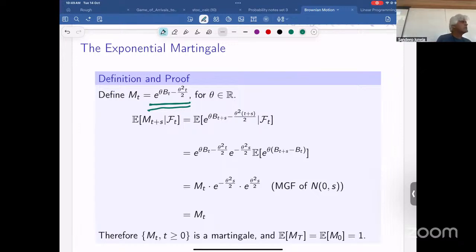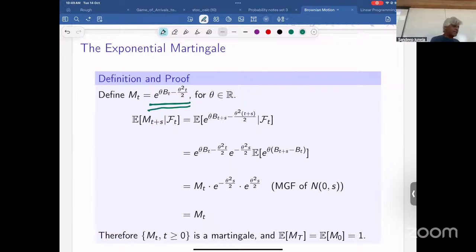Let's just check. If it's going to be a martingale, on average it should not change. So e to the power theta B_t at t equal to 0 is 1. Now I want to normalize e to the power theta B_t in such a manner that the mean remains equal to 1.